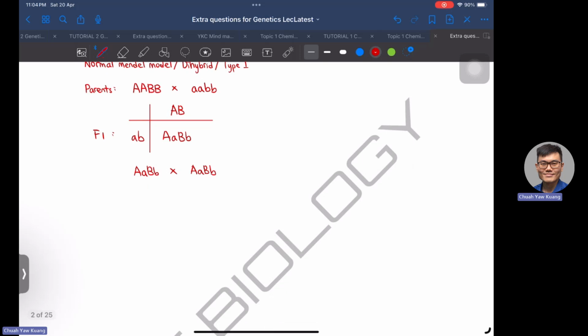Same thing again, we have to find the gametes. How many gametes can the first individual produce? Big A, big B, this is one. Big A, small b, this is second. Small a, big B, this is the third. And small a, small b, this is the fourth. So it's going to form four types of gamete.